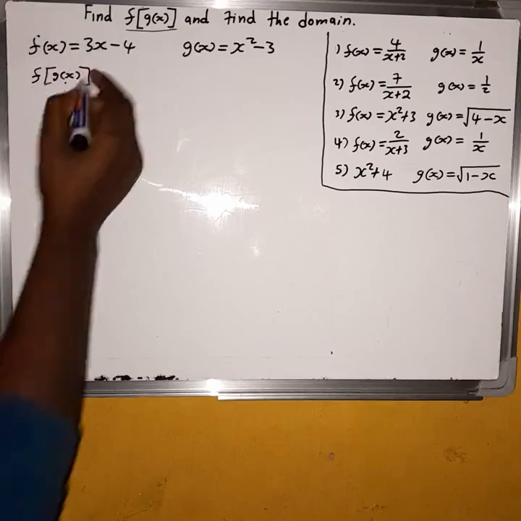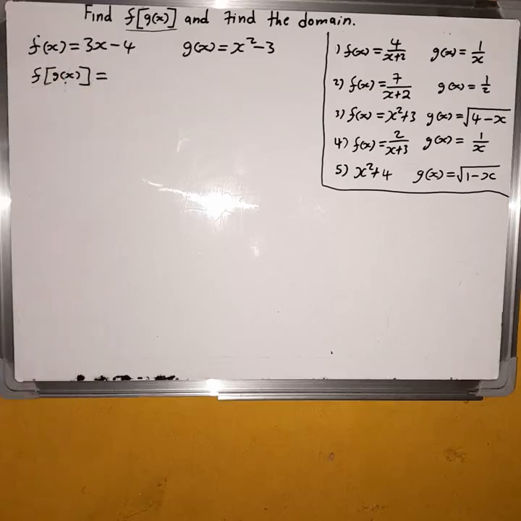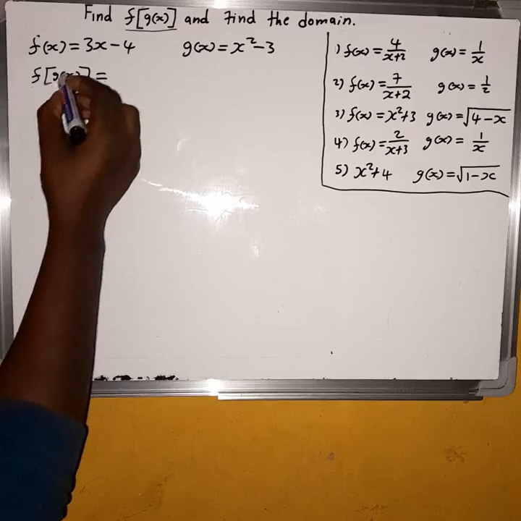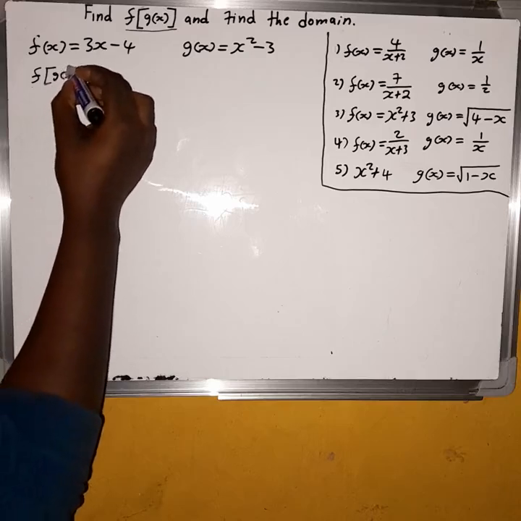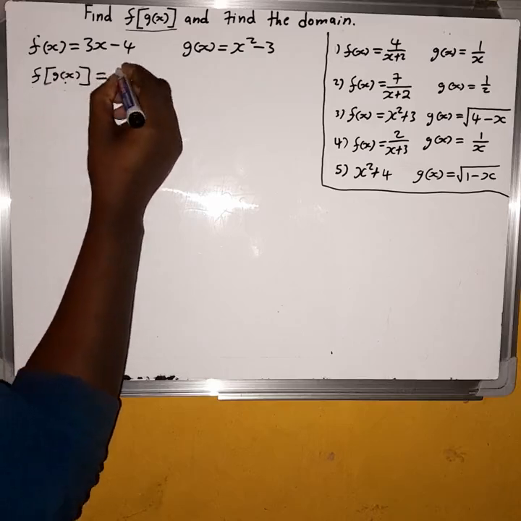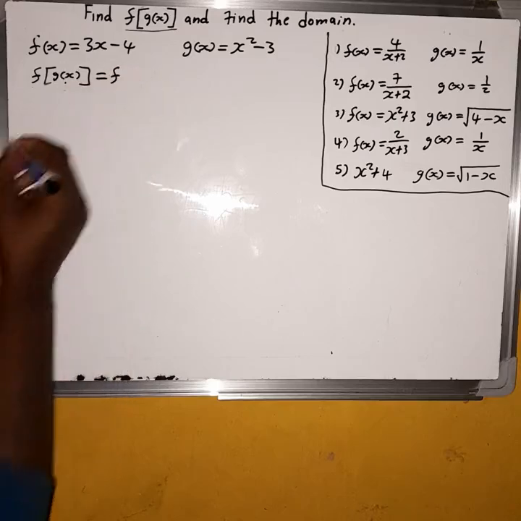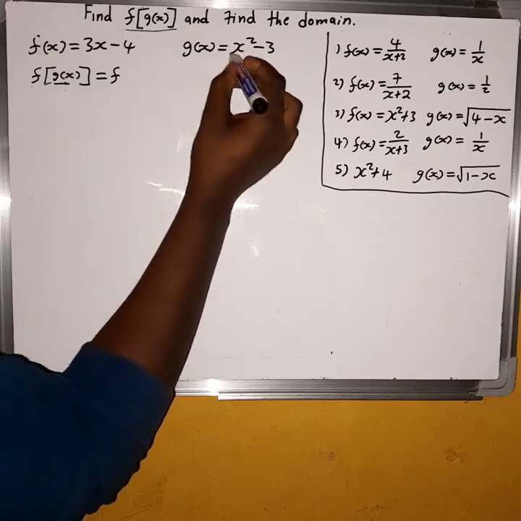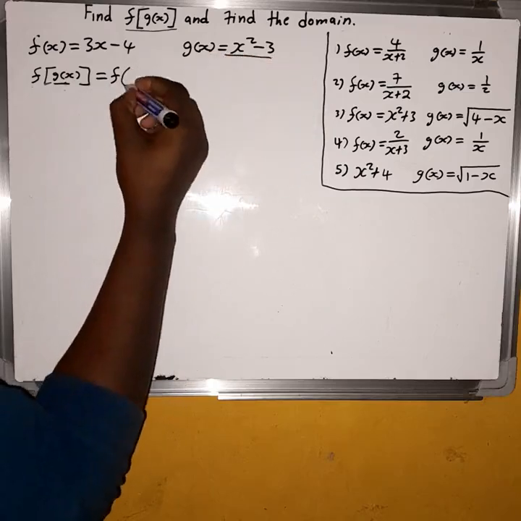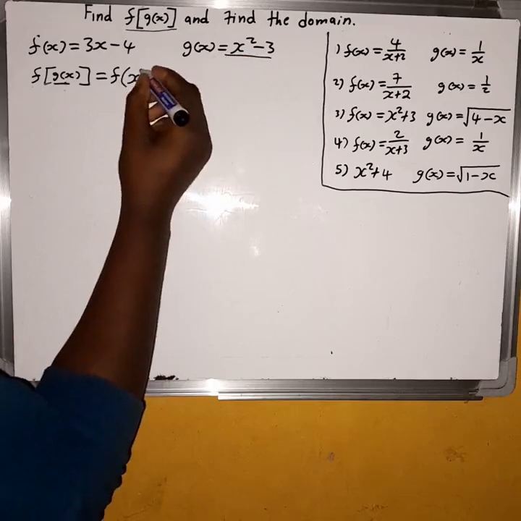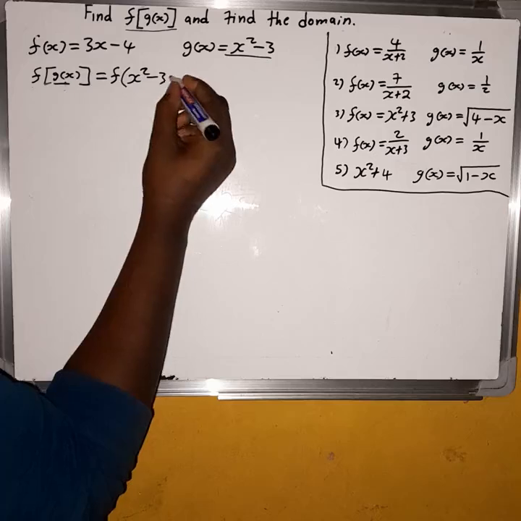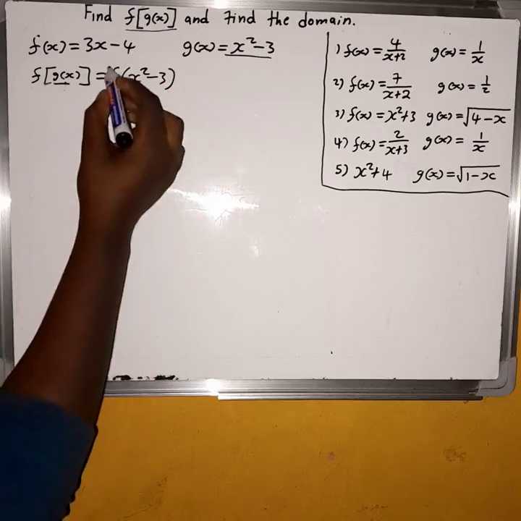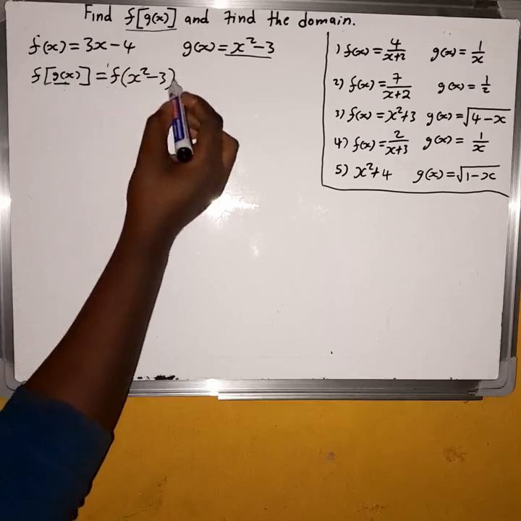So this will be equal to f of g. You put f of g here, you'll have f of x, but you replace it by f of g. This will be x squared minus 3. But what about this f of g?